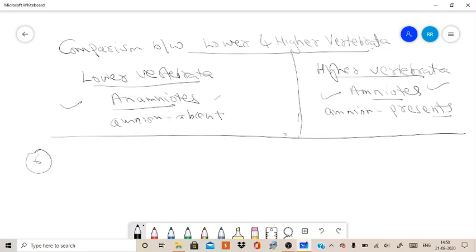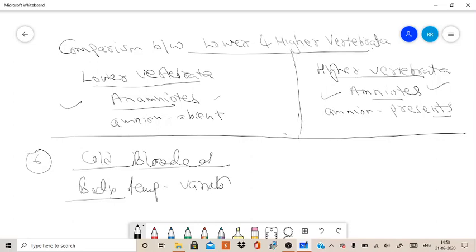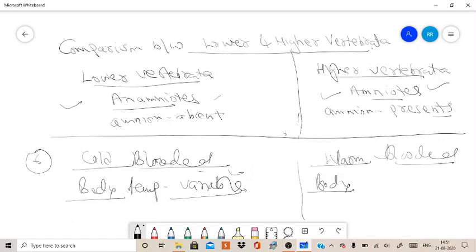Next, the sixth point is that they are cold blooded, as we have already discussed, meaning body temperature is variable, whereas here they are warm blooded, meaning body temperature is constant.